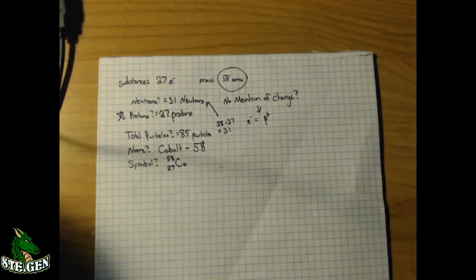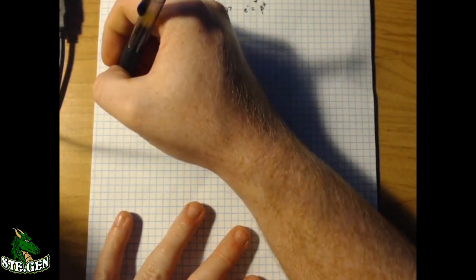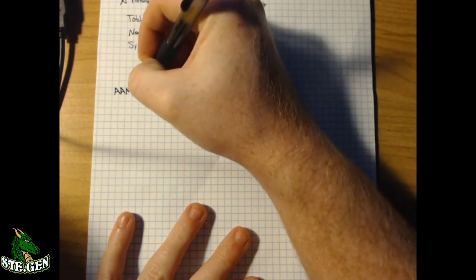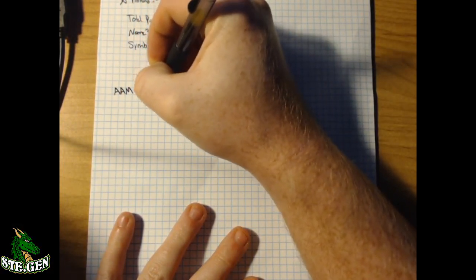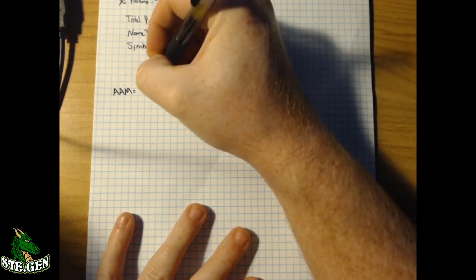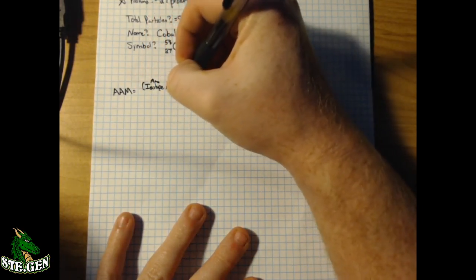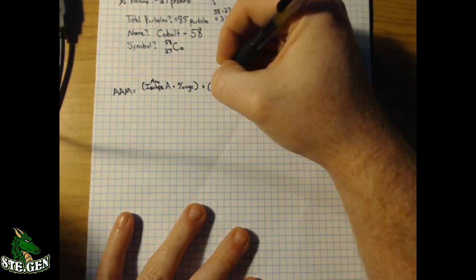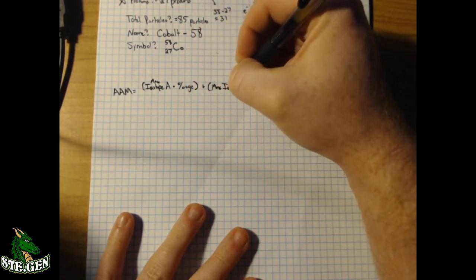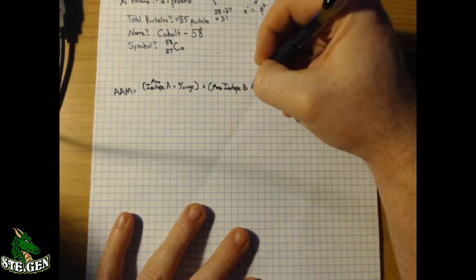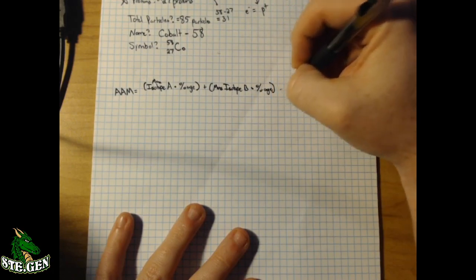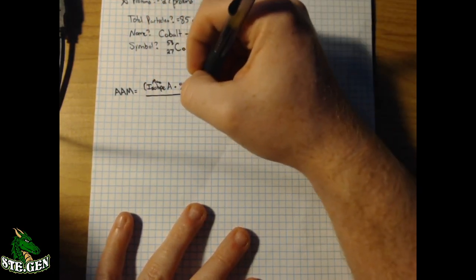So I'm going to switch to my hand cam. We're going to scoot up our paper. Our formula for average atomic mass equals the mass of isotope A times its percentage, plus the mass of isotope B times its percentage, dot, dot, dot, divided by 100.